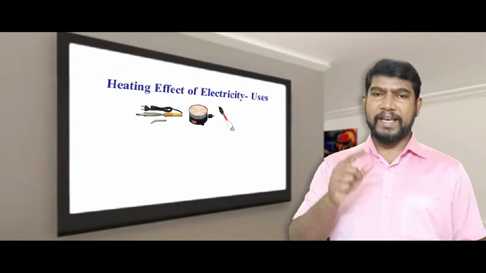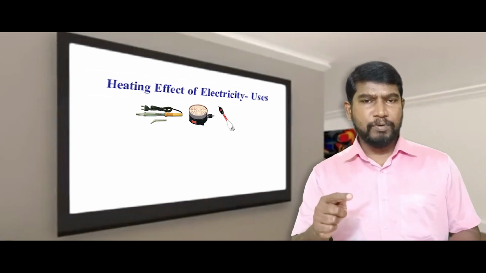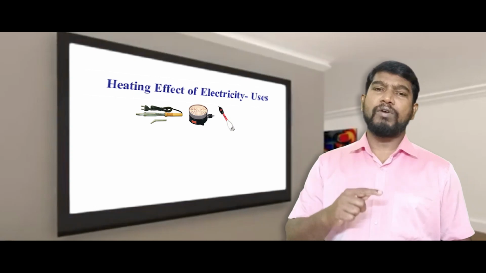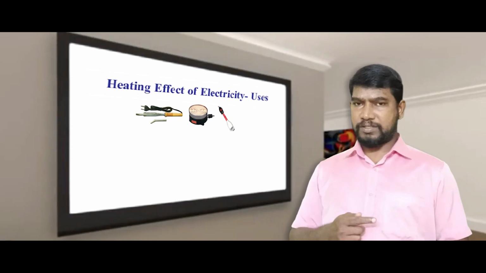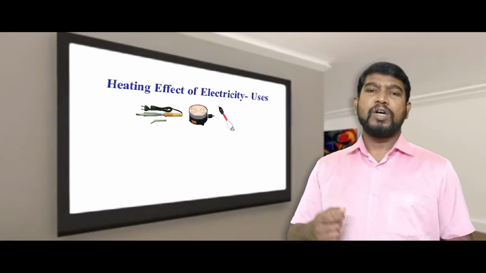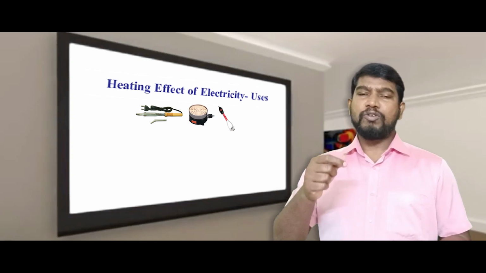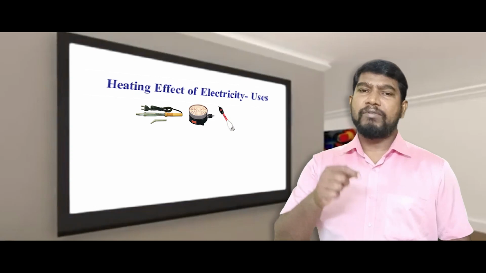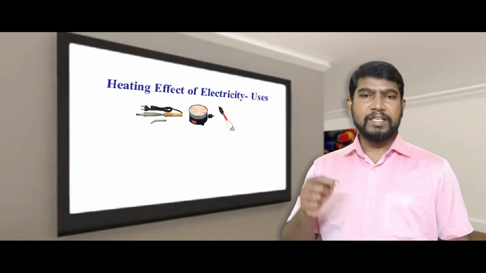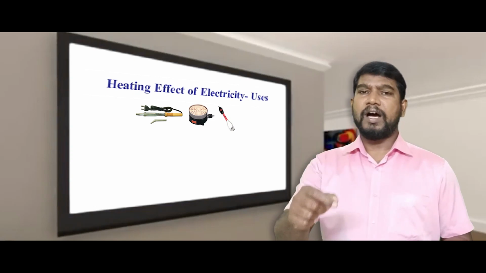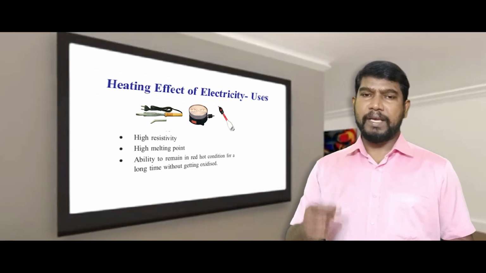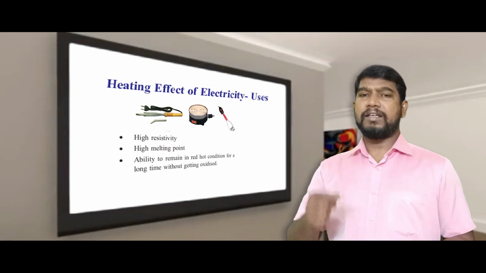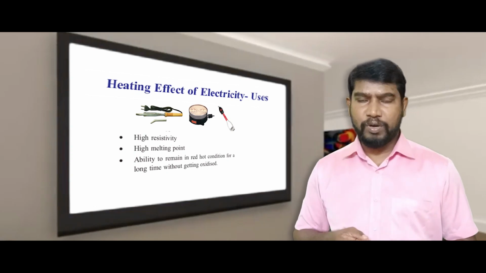Because of its high resistivity, high melting point, and ability to remain red hot for a long time without oxidation. These are the three important things. Then we discussed equipment which does not have heating coils: the microwave oven and the induction cooker.